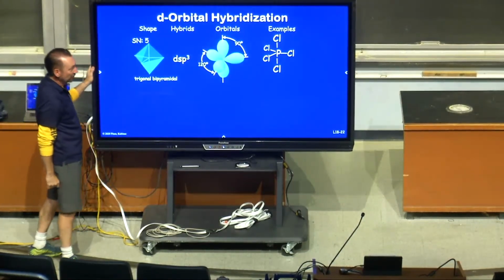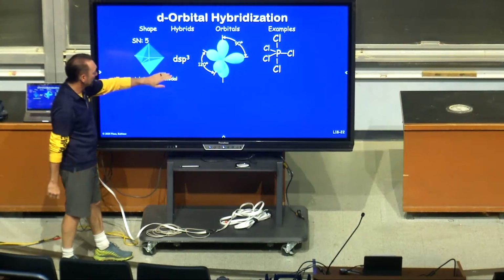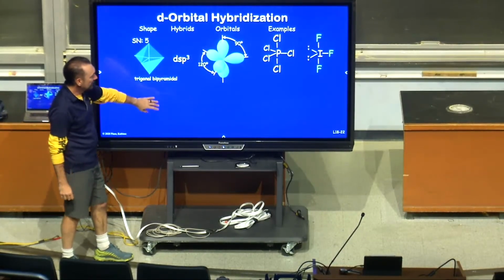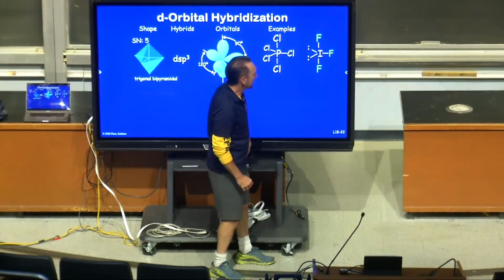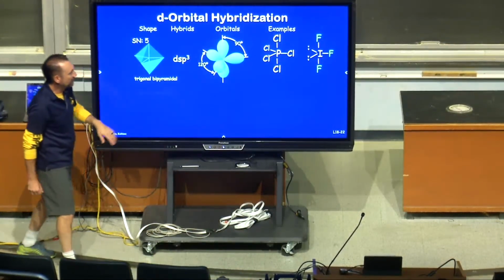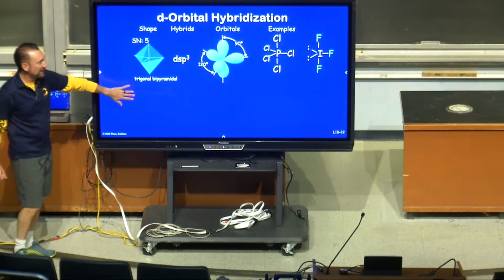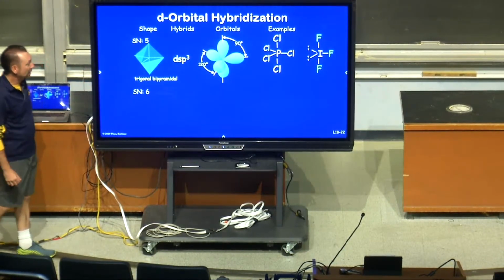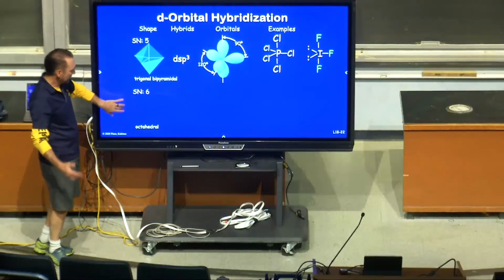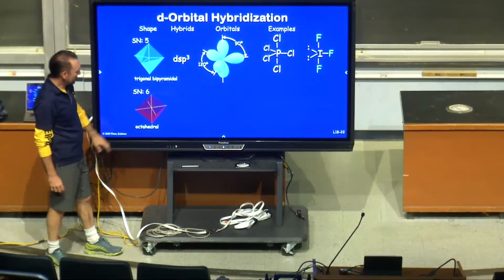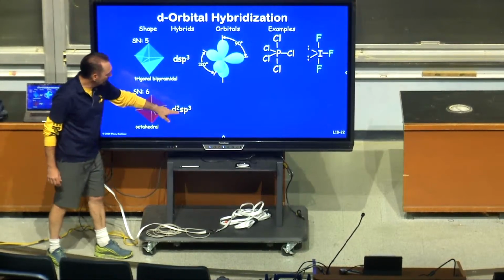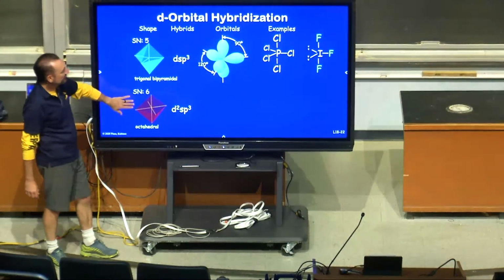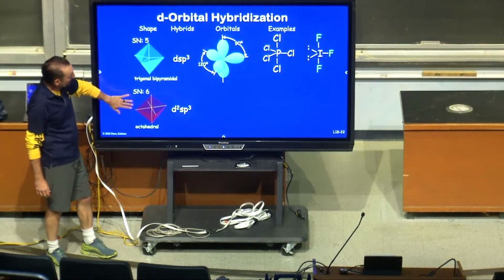We've seen that example before: phosphorus pentachloride does that, or iodine trifluoride. In that case, 2 of the orbitals would accommodate lone pairs rather than a bond. Steric number 6, I think you can imagine, you know the story. That's 6 equivalent orbitals: 2 Ds, an S, and 3 Ps are 6 atomic orbitals.